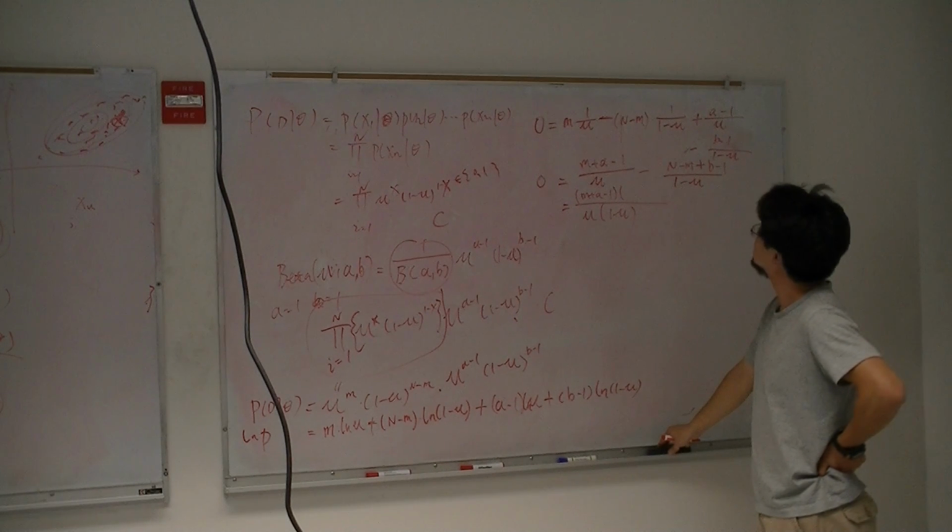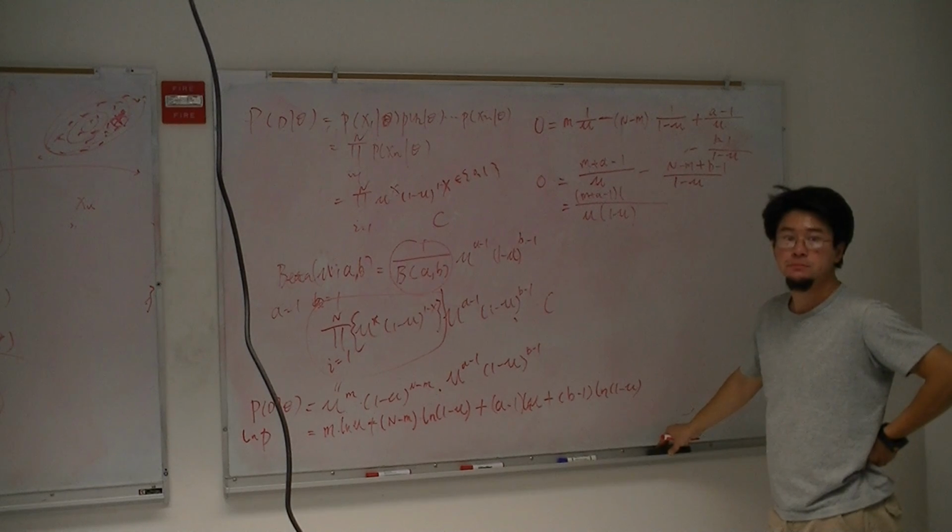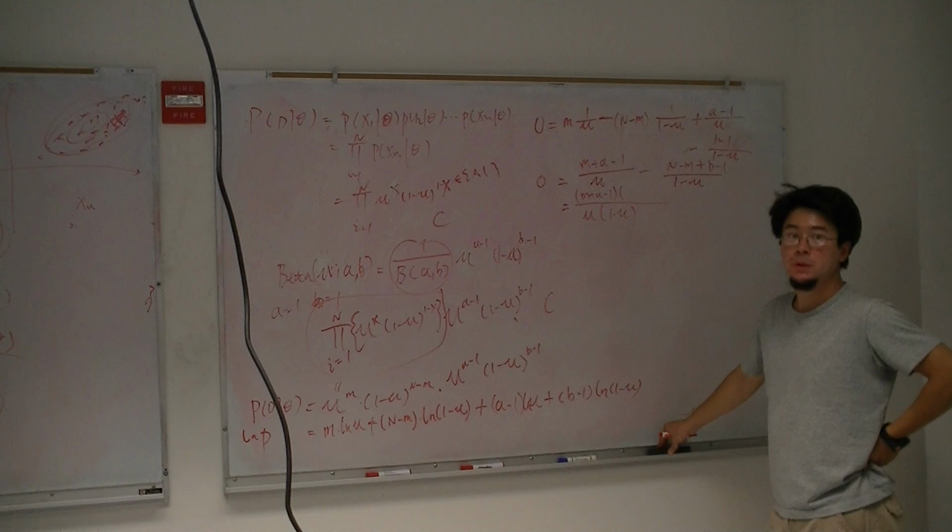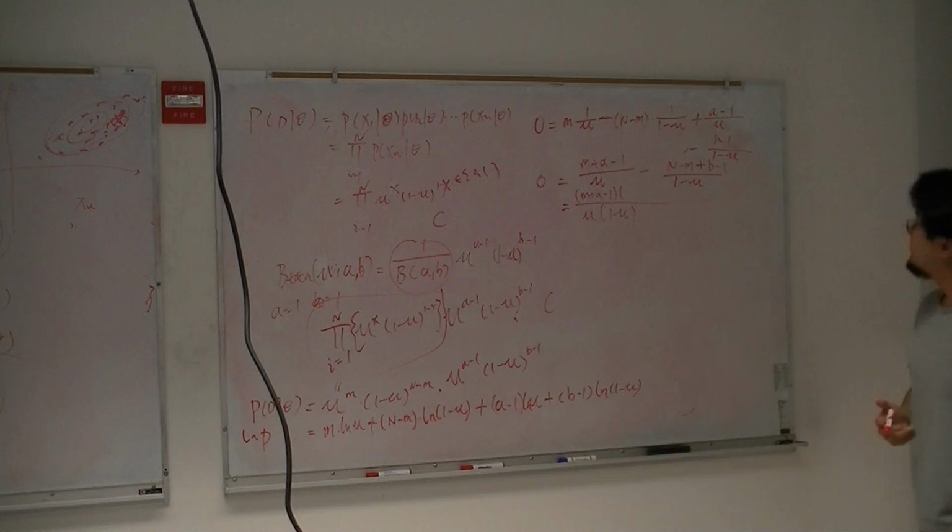Then you should get a result where mu should optimize at something like a over a plus b. I mean, like a equal to m plus a minus 1 and b equal to n minus m plus b minus 1.